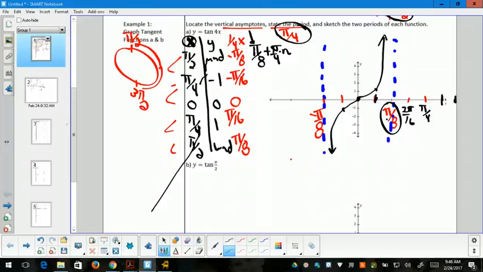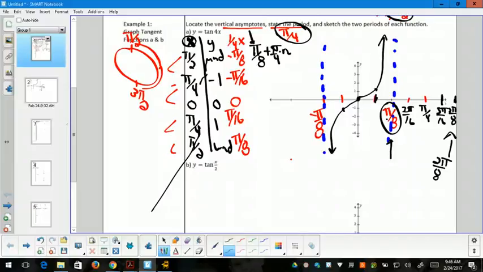Then 1, 2, 3, 4, 5 pi over 16, 6 pi over 16, which is 2 pi over 8. If this was pi over 8, then this is going to be 2 pi over 8. So if you just wanted to label the 2 pi over 8 and the pi over 4 in between, that's fine too.